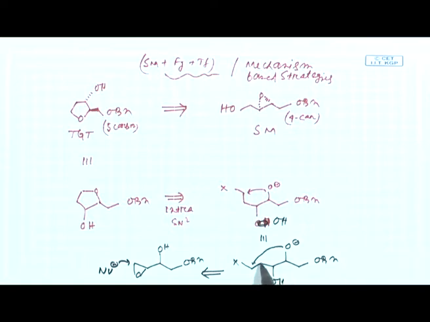So, we are opening up the epoxide here, and this carbon as well as this X will be coming from the nucleophile. It will give you a CH2, and it will give you an OH, and this OH is the source of the O minus.